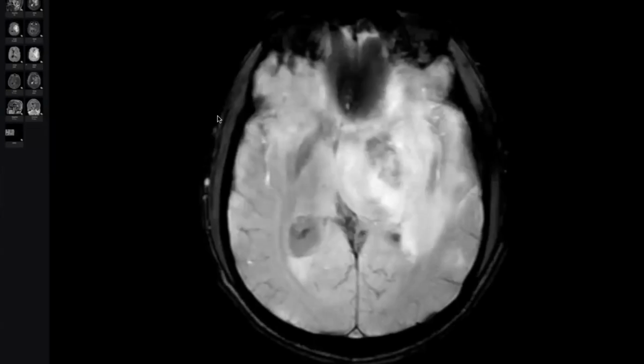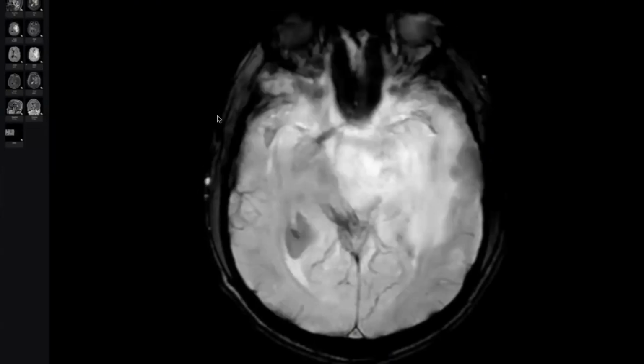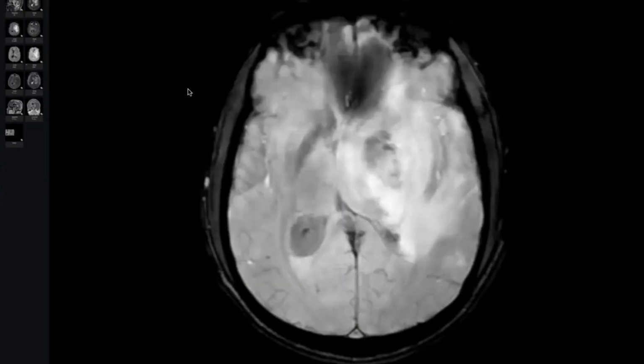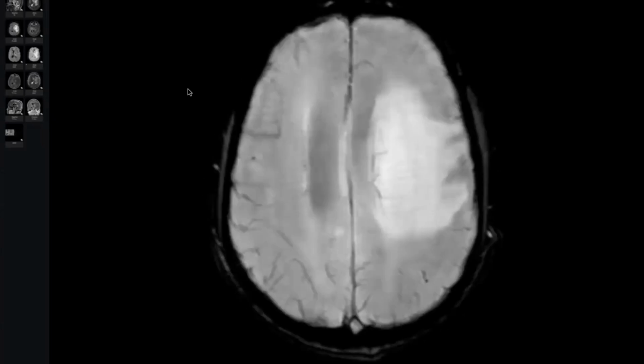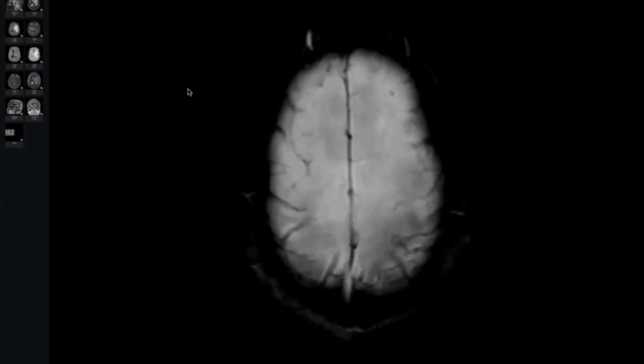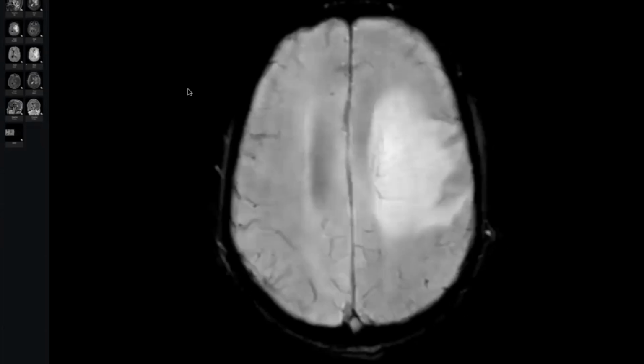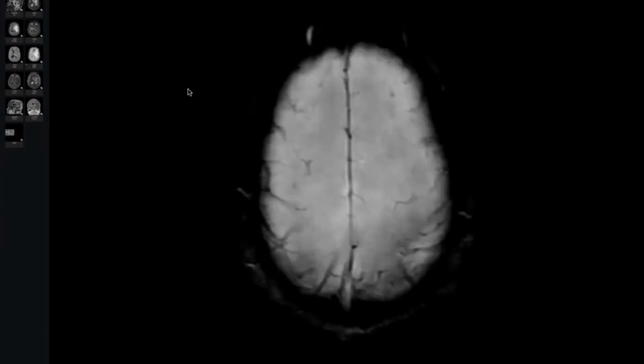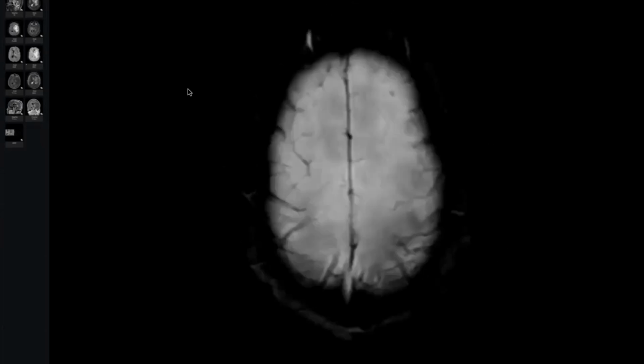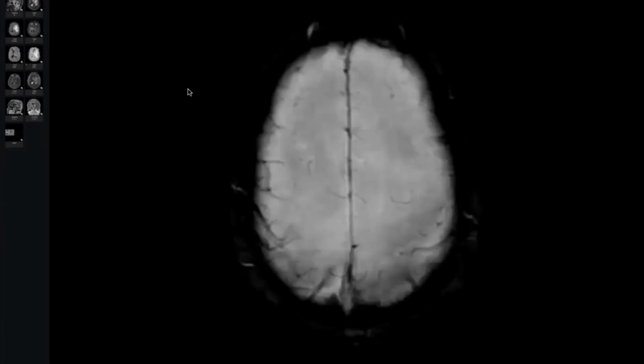I think there is a diffusion restriction noted within the lesion. This is not diffusion, I confused you. What is the name of this sequence? Look. A perfusion sequence? What is the name?